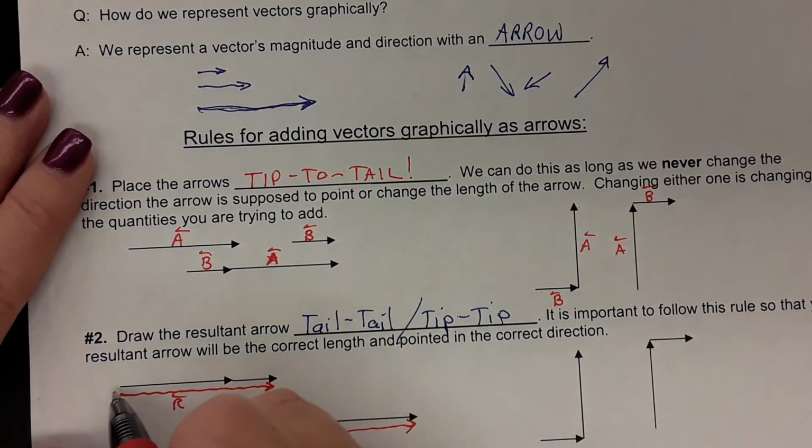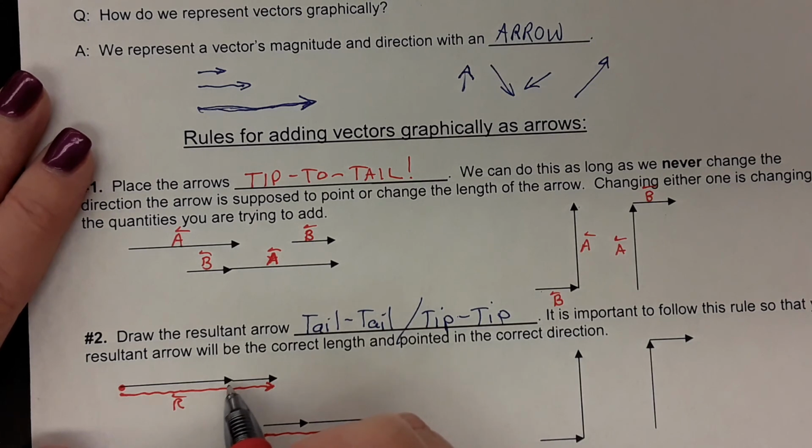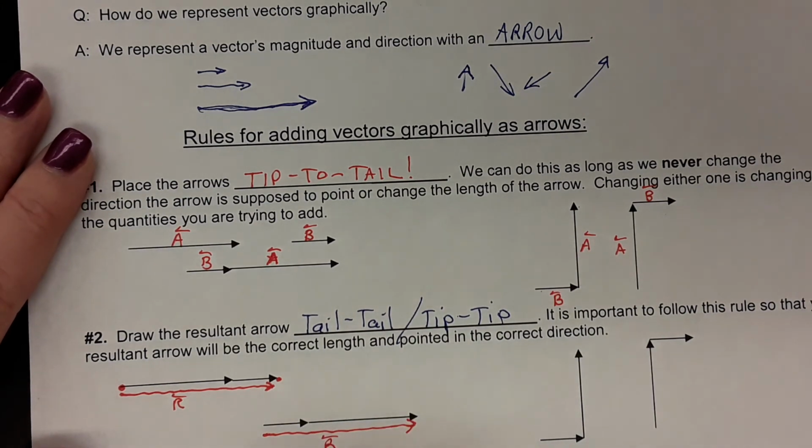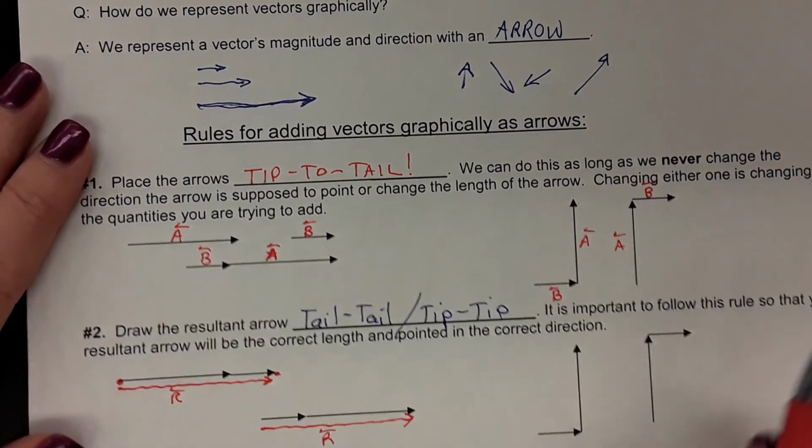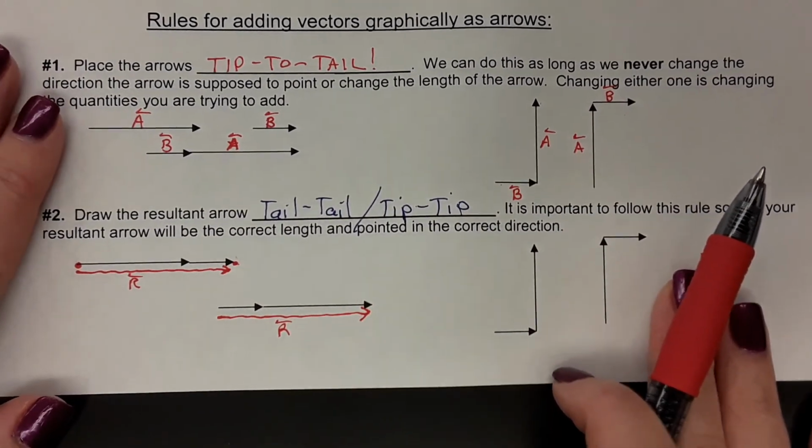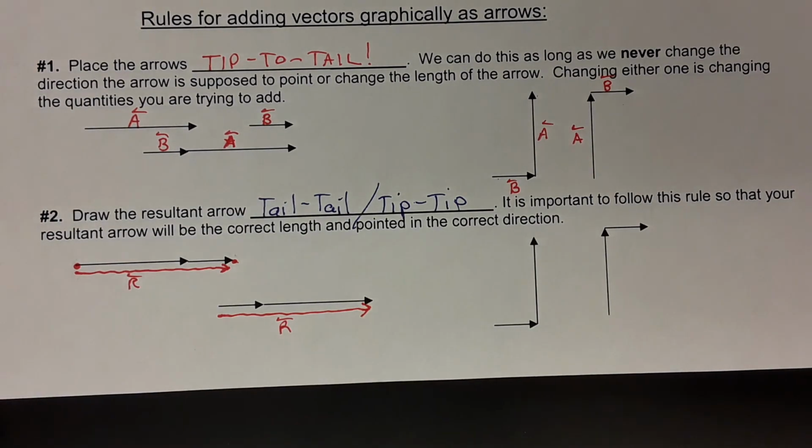So it's like maybe you started at camp, you walked one displacement, you rested for a little bit, then you walked another shorter displacement and you ended up here. So your resultant arrow should point from start to end, not from end to start. So that's why we have this rule, tail to tail, tip to tip, so that this resultant does point in the proper direction, okay? It has to point in the proper direction.